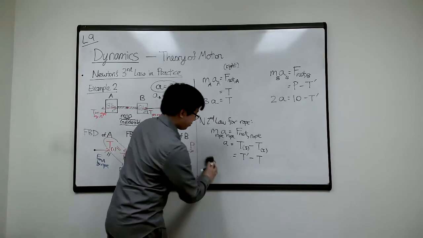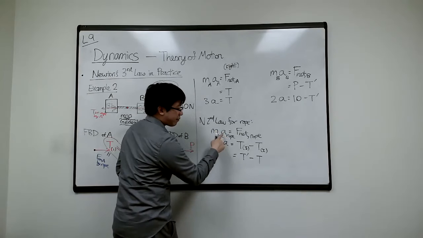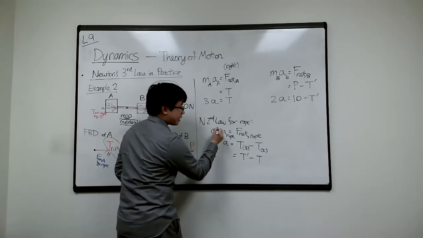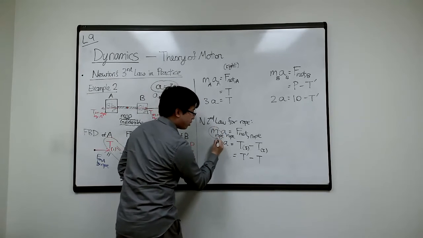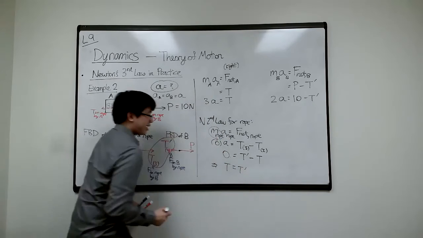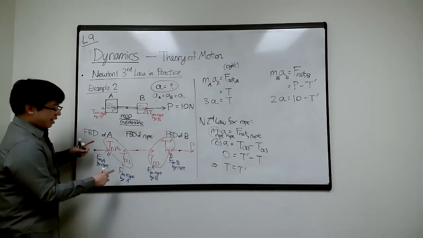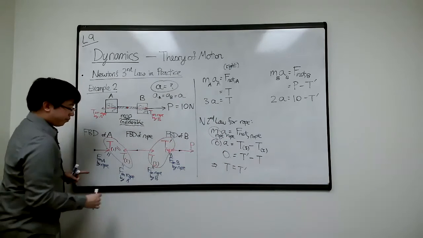So this is going to be 0. It's not because, let me emphasize one more time, it's not because A is 0, it's because M is 0. And this is 0, which means T equals T prime. Now let me emphasize this one more time because it's so important. There's 4 T's involved.